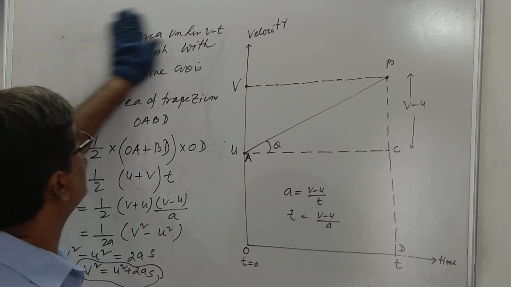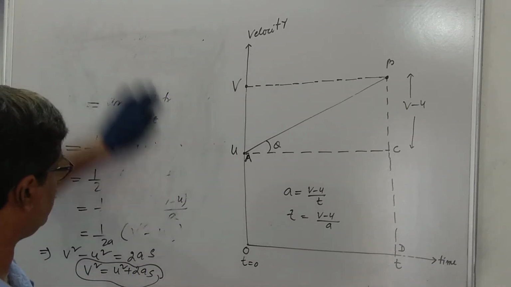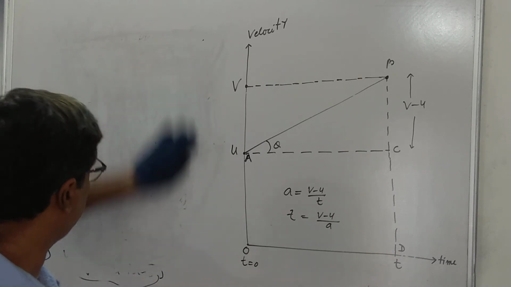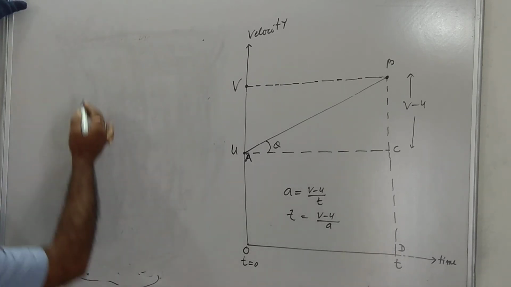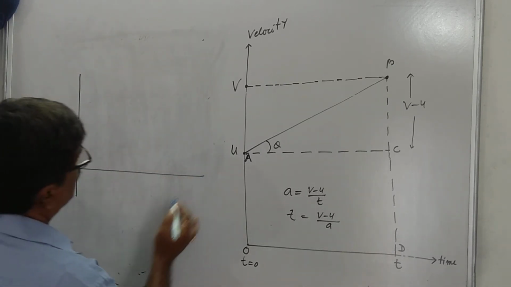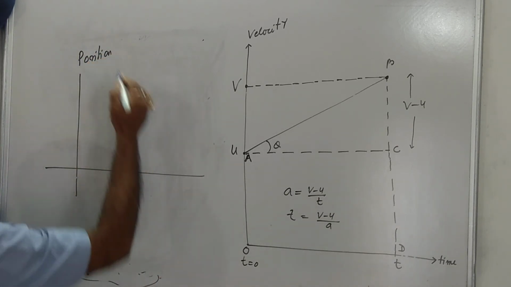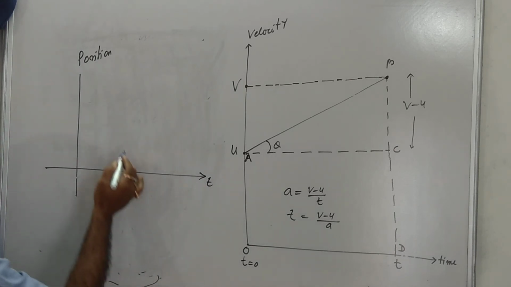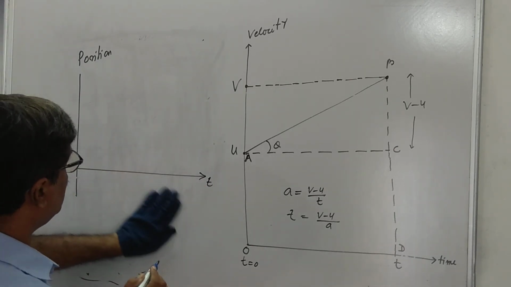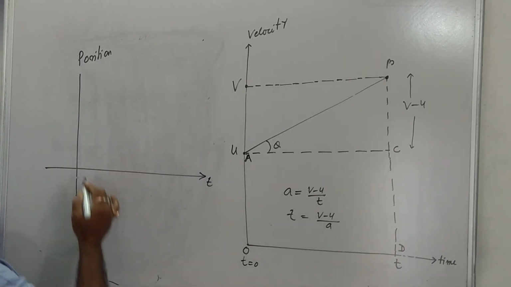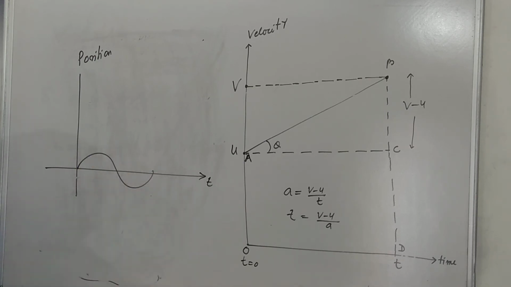Now we also discuss some possibilities of graphs, whether a graph is correct or not. If this is position and this is time, and the graph is like this.